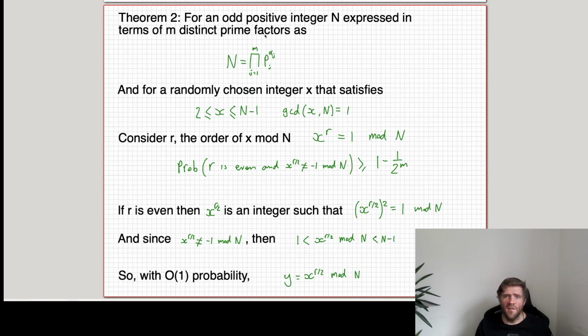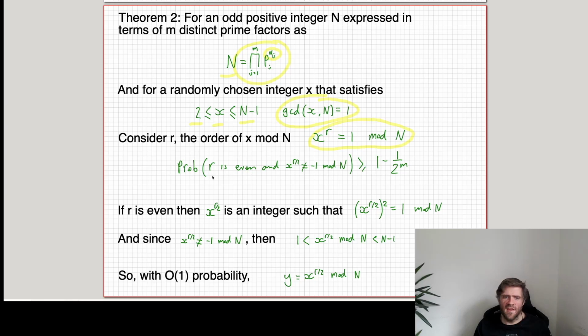Well, let's suppose we have an n which can be expressed with m distinct prime factors. Each of those may have some multiplicity. Then for a randomly chosen integer x between 2 and n minus 1, if the greatest common divisor between x and n is 1, so it shares no factors with n, then we can consider this notion of the order of x modulo n.